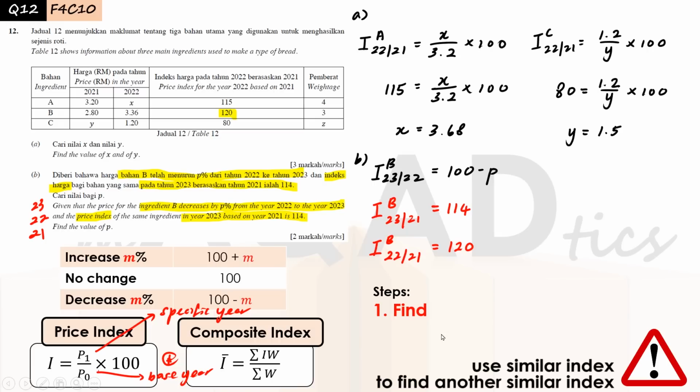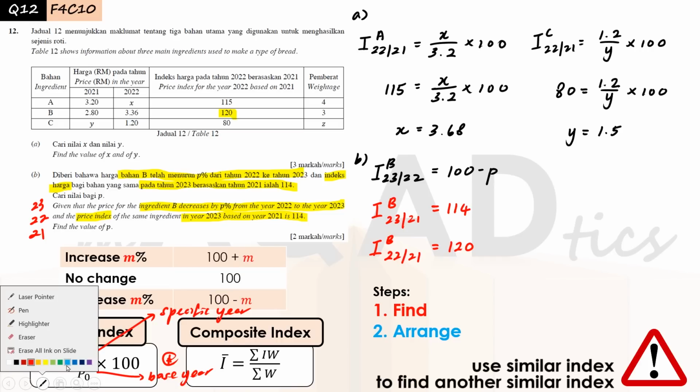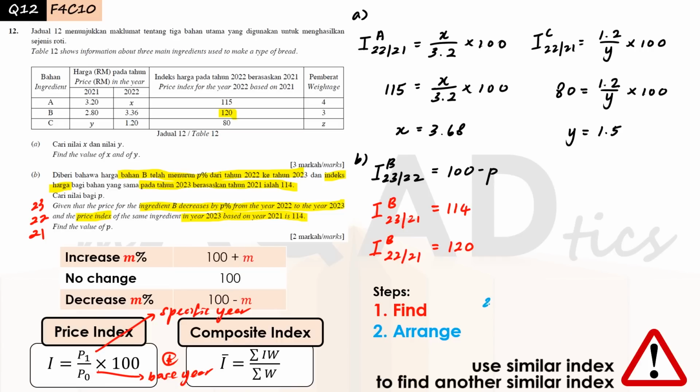Then we go to the second step, which is to arrange the years stated in this question from the latest year to the earliest year, which we have done already, but let me write it out here. 2023, 2022, 2021. And the last step is to use the formula.